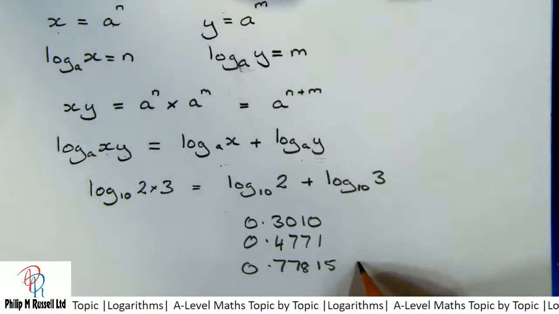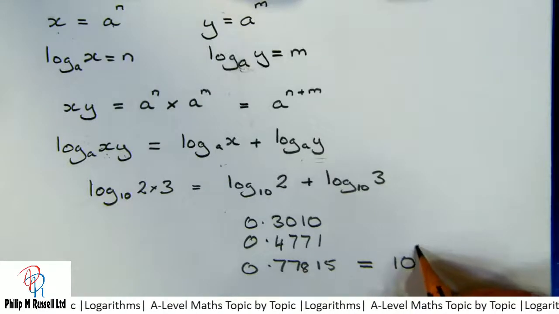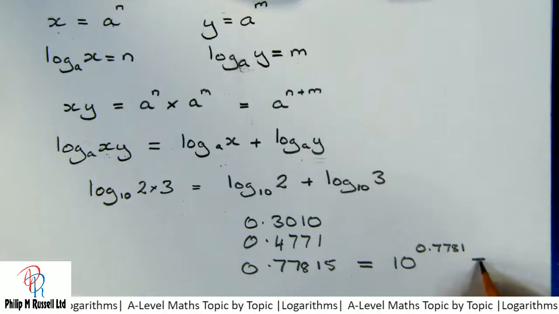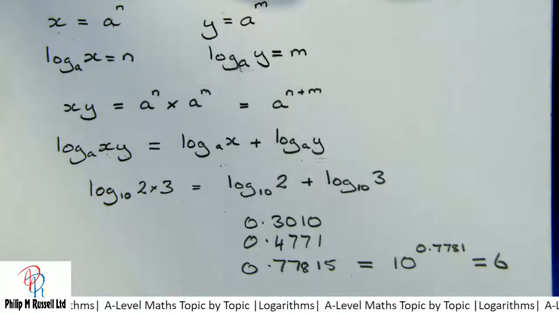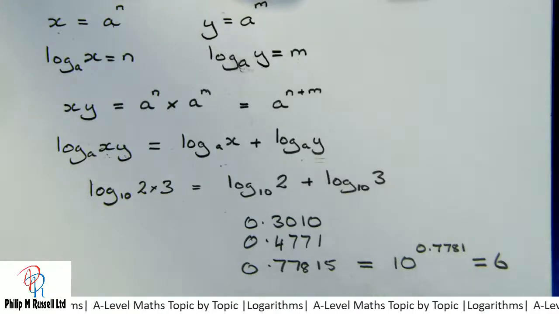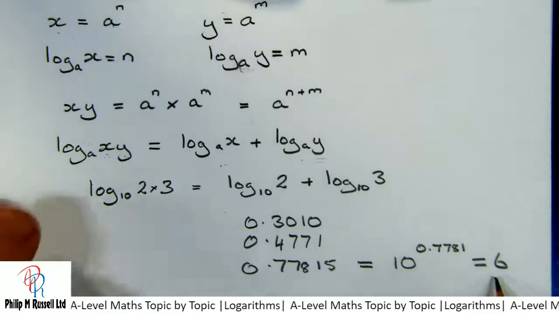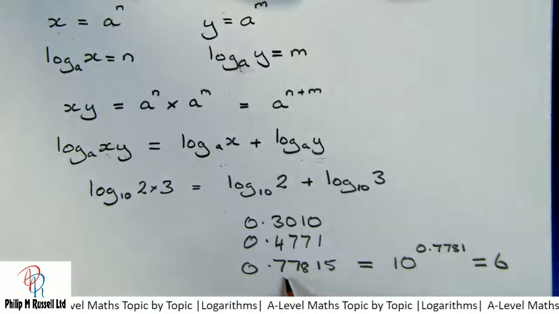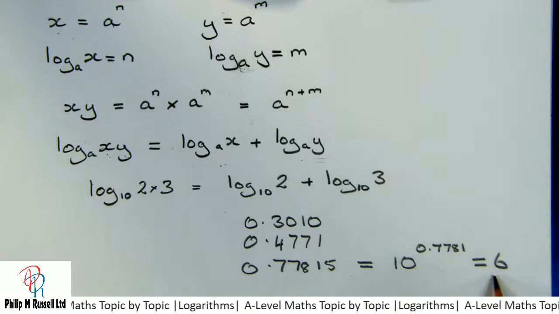So we've quickly demonstrated that we could use logarithms to work out a sum, 2 by 3, 6, or we could have gone through that laborious process and got the same answer.